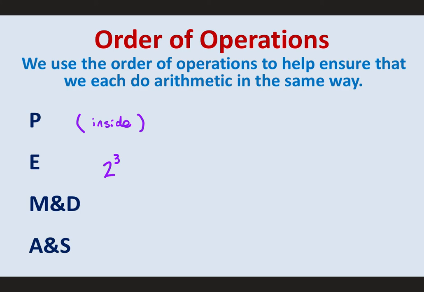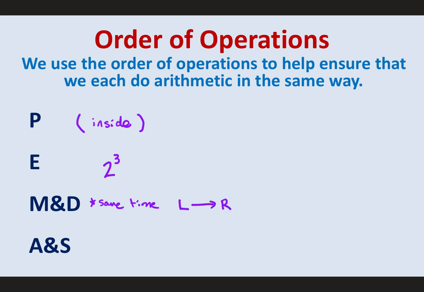The next thing that you're going to take care of is multiplication and division at the same time. When I say at the same time, that means neither has priority. Division is not lesser than multiplication, or multiplication is not greater than division. They happen at the same time. The key is that you're going to go from left to right.